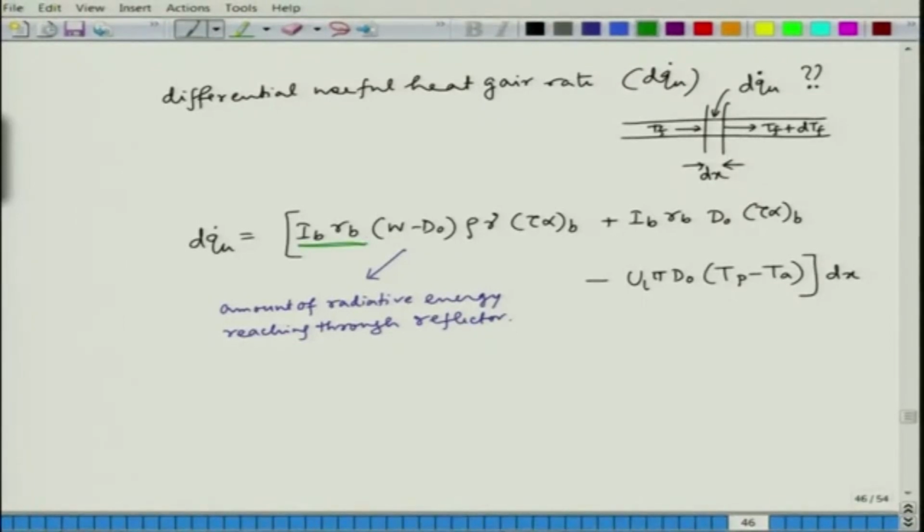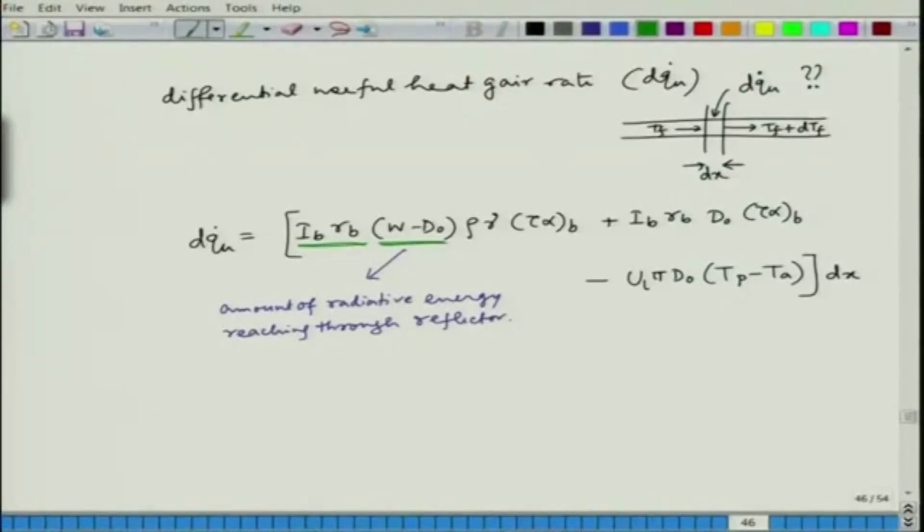This is the total amount of radiation coming in terms of beam, okay, not as diffuse, because for a concentrating collector beam radiation is the major one. So, the diffuse one we can completely neglect. So, I_B R_B is nothing but, R_B is the ratio between the tilted plane intensity and the horizontal plane intensity, right. So, I_B R_B is giving you the intensity of the solar radiation on the aperture plane, and then the next part is the width of the aperture. Okay.